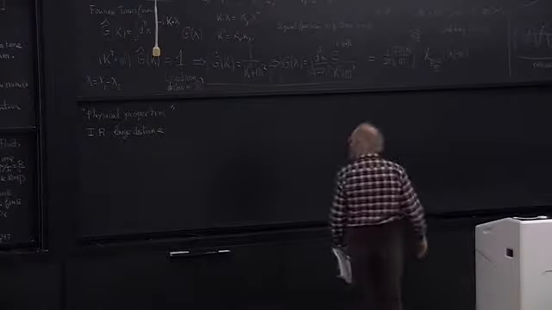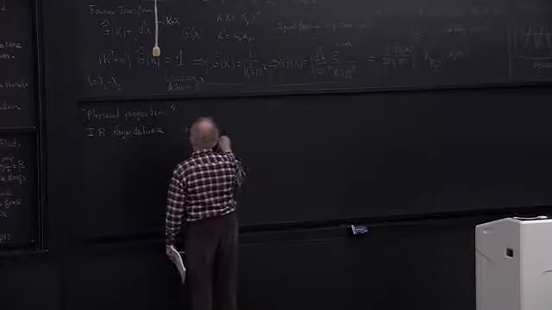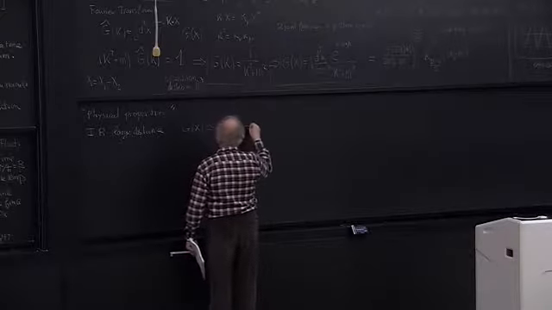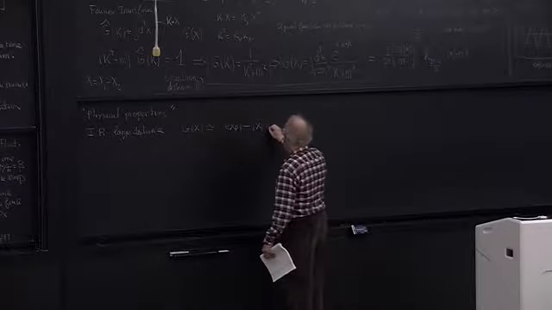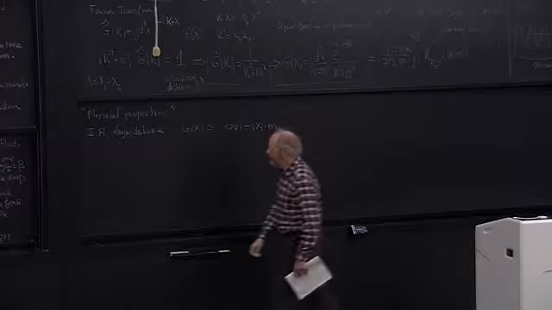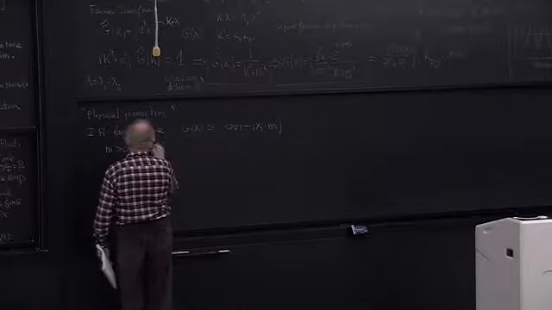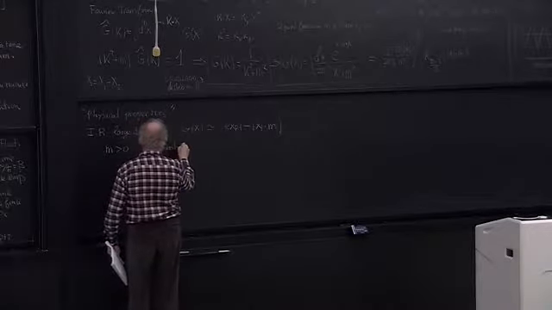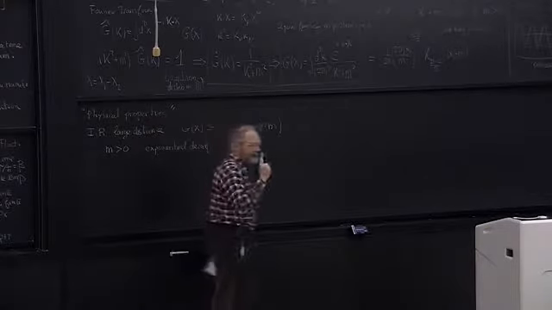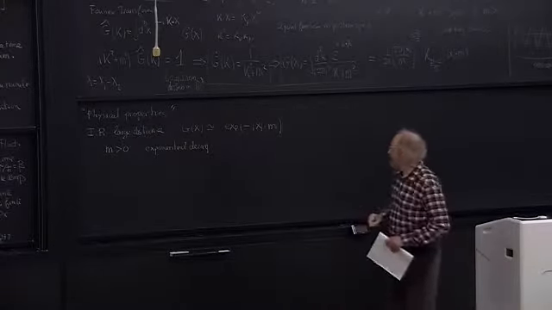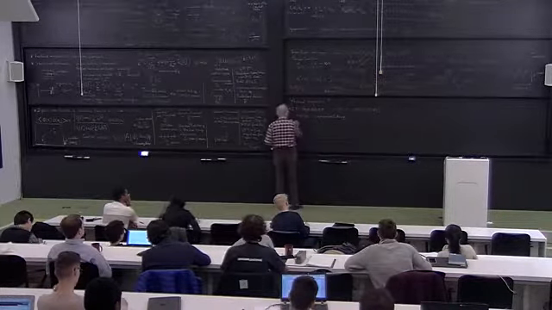It's easy to see that g of x behaves as the exponential of minus the norm of the vector x, the distance, times m. So as long as m is positive, there is an exponential decay at large distance. We are in Euclidean space.